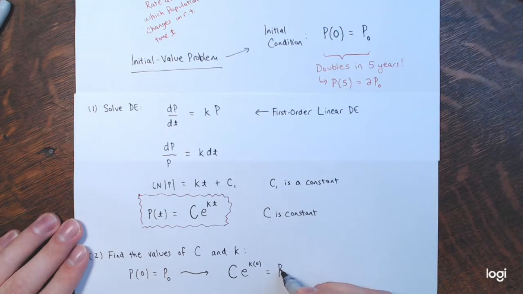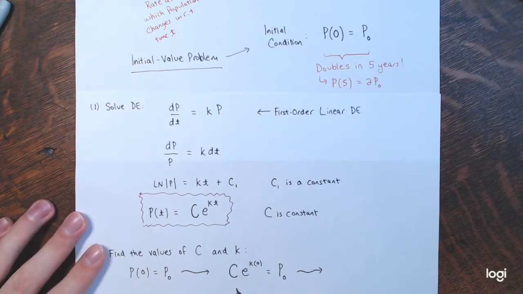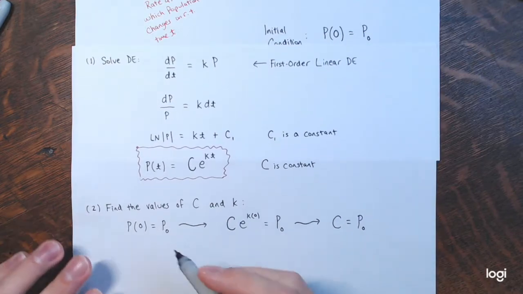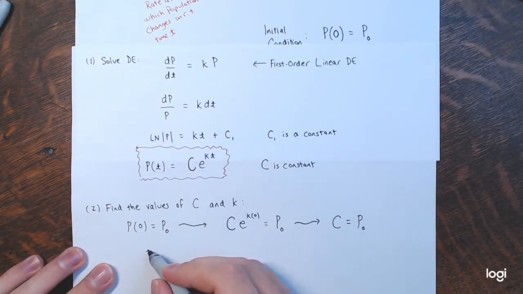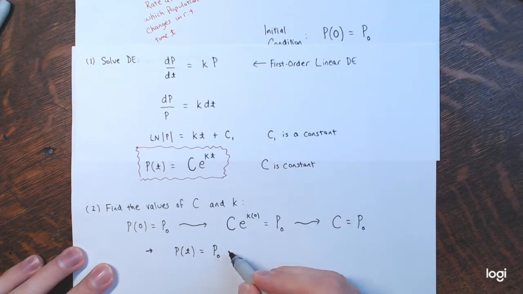Since e to the 0 power is 1, the value of this constant c must just be p sub 0, the initial population. So now the model looks like this: p of t equals p sub 0 times e to the kt.